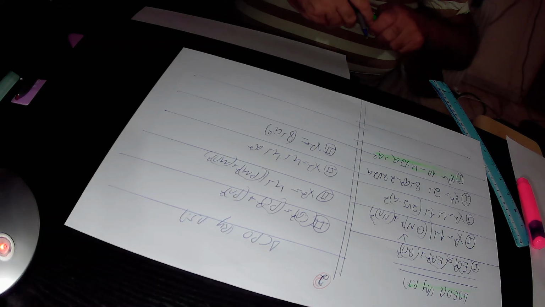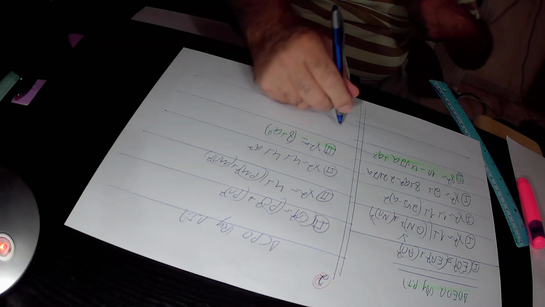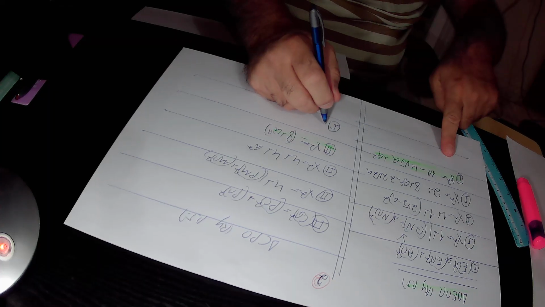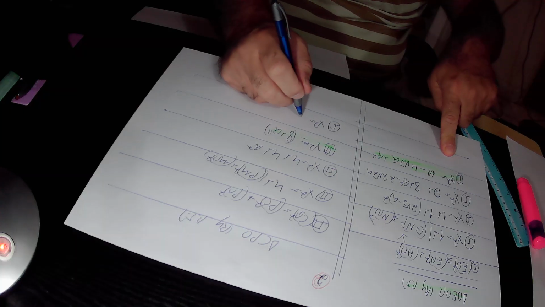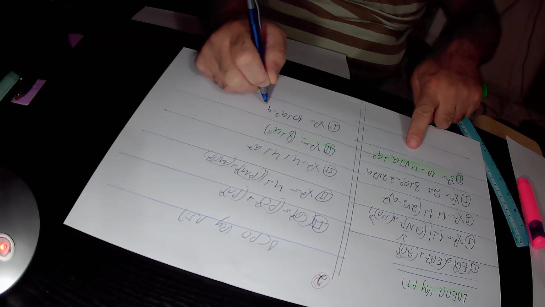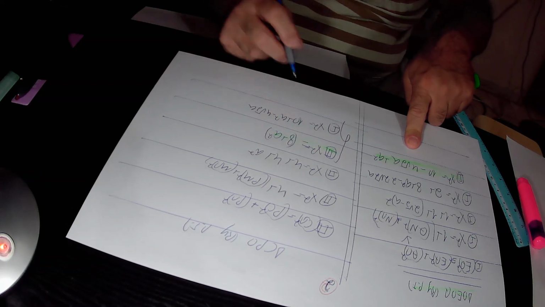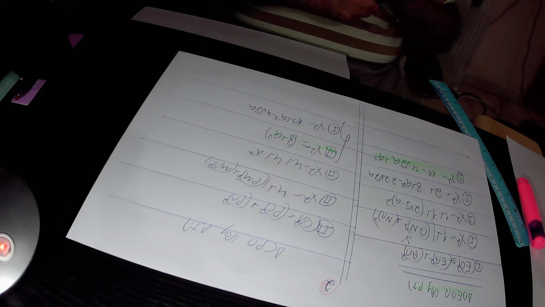This is according to equation 2, and according to equation 1, we have found out that X squared equals 10 plus A squared minus 4 times square root of 2 times A. So we have two different expressions for X squared.